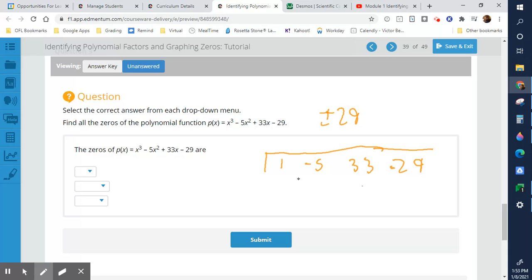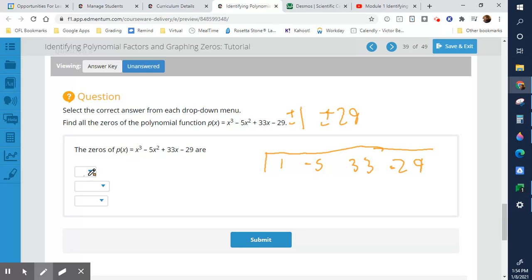So we not only have plus or minus 29, I forgot to mention that because of that we have plus or minus 1. Considering that +1 is an option, and we can't divide 29 by 2, and we can't divide 29 by, what's the other option? 3, I'm pretty sure we're good. And we're going to be left with complex numbers at the end, but we'll deal with that when we get to it.